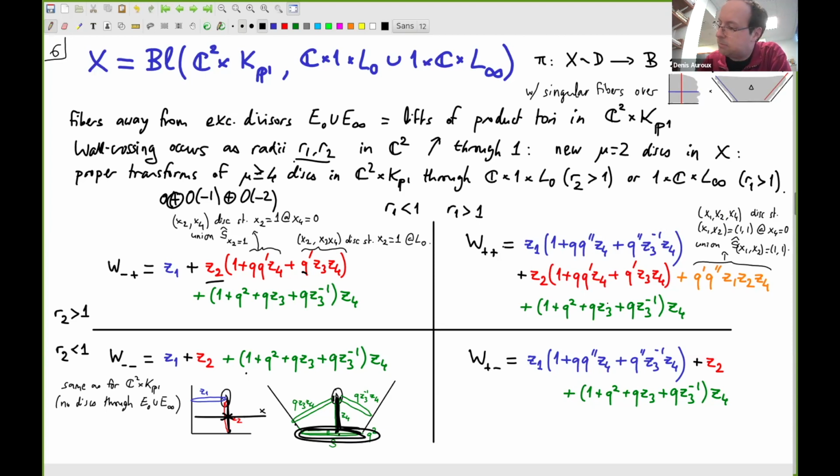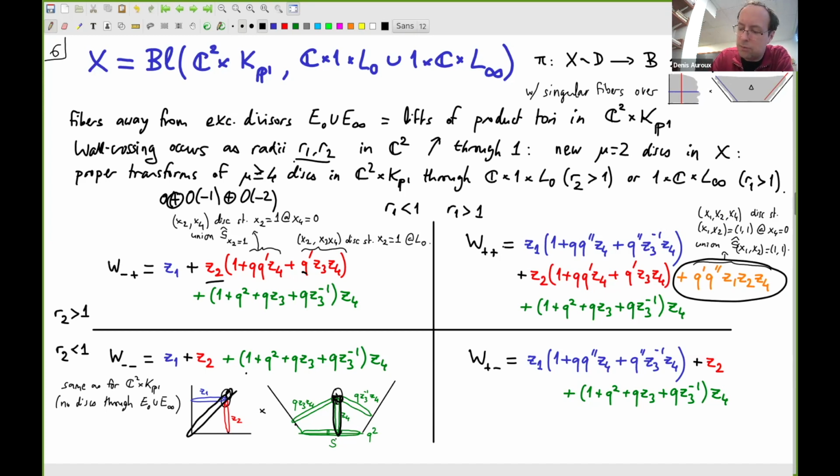And the weirdest of those terms is the one in orange here. That happens when both radii are positive. So this one is in fact a disk that goes in the Z1, Z2 coordinates simultaneously. It has Maslov index 4 in the first factor, together with this Z4 disk here.